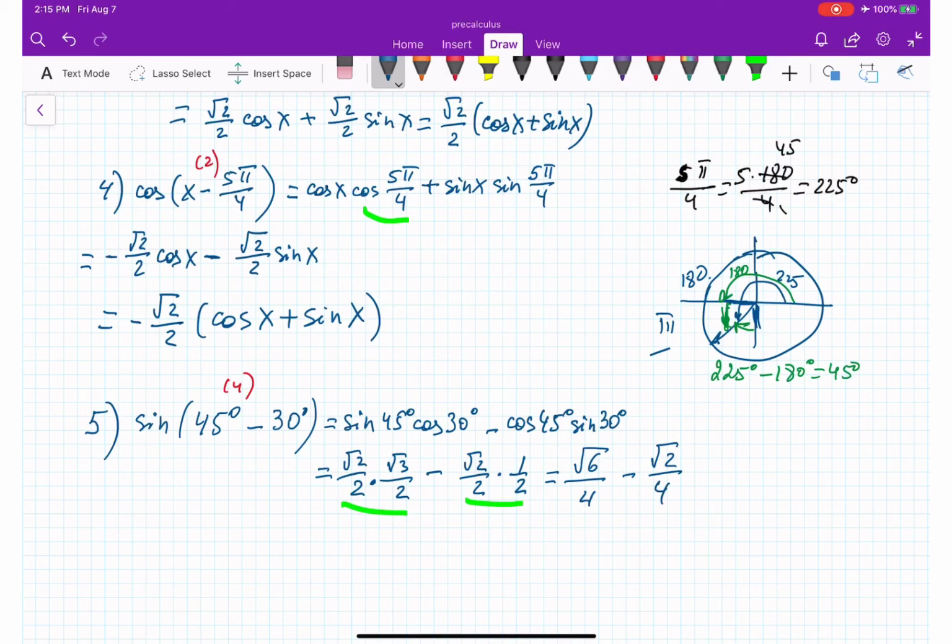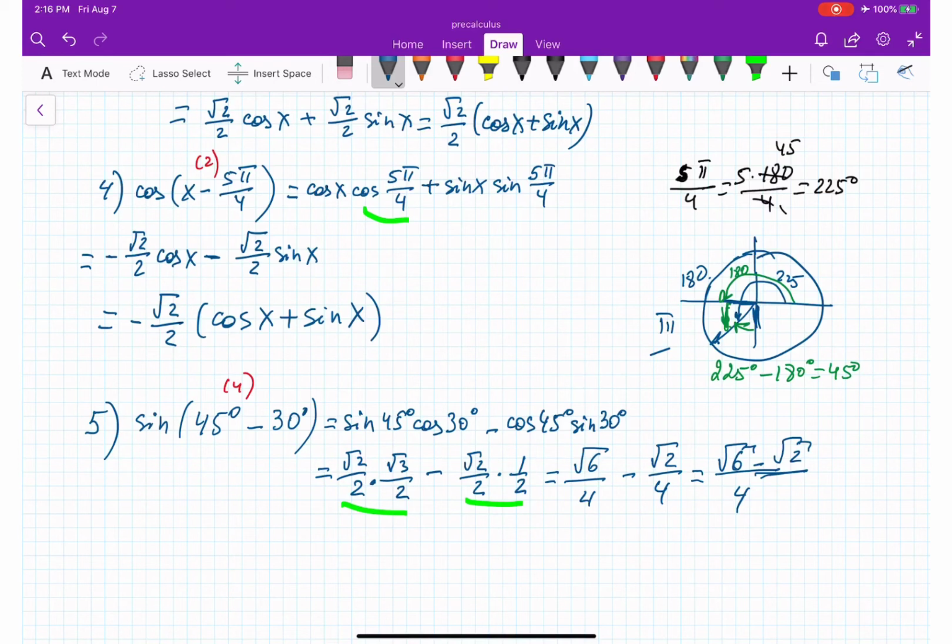Since the denominator is the same, all we have to do is subtract the numerators: square root 6 minus square root 2. And we can't do anything with the numerator anymore. So that will be your final answer: square root 6 minus square root 2 over 4. Okay?